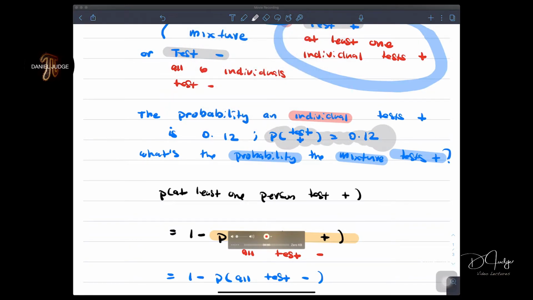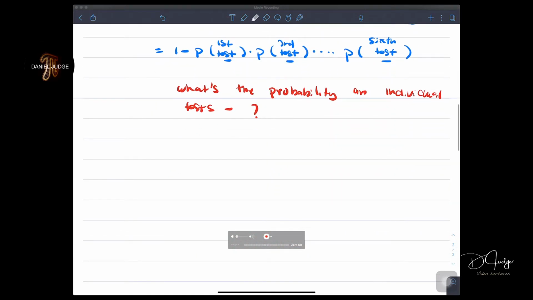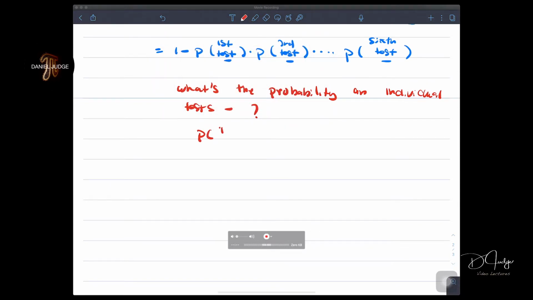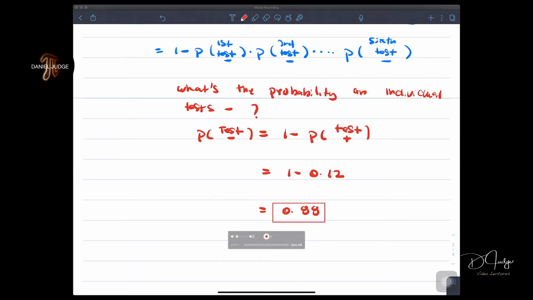We could now deduce by the complement rule that the probability of an individual testing negative is 1 minus the probability that an individual tests positive, which is 0.88. That's the chance an individual tests negative.